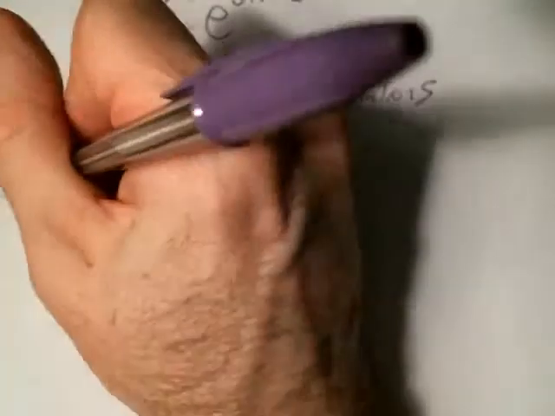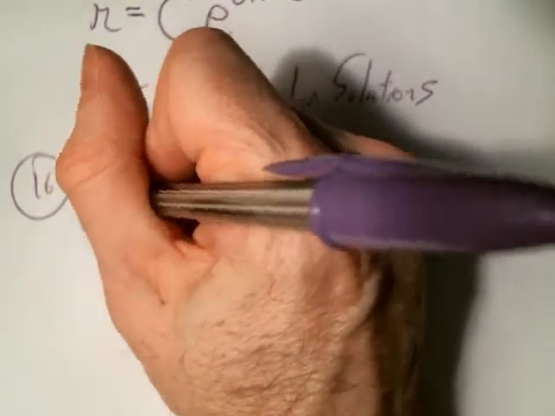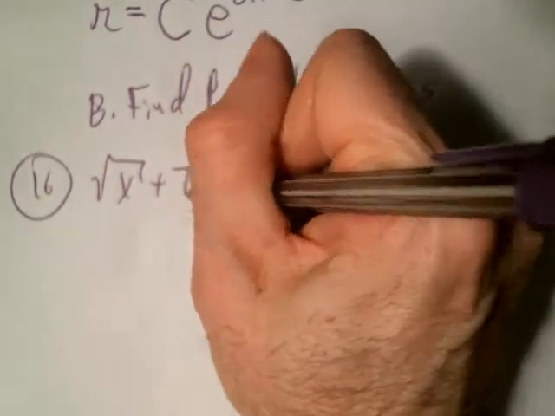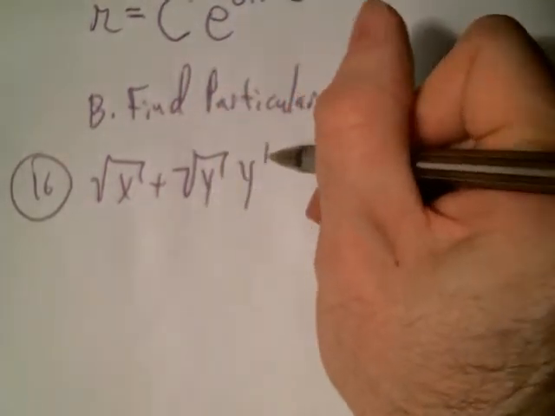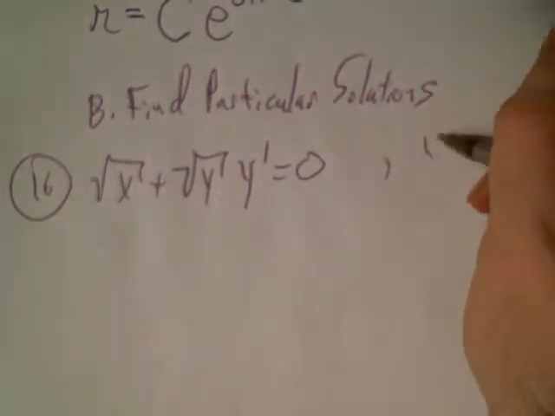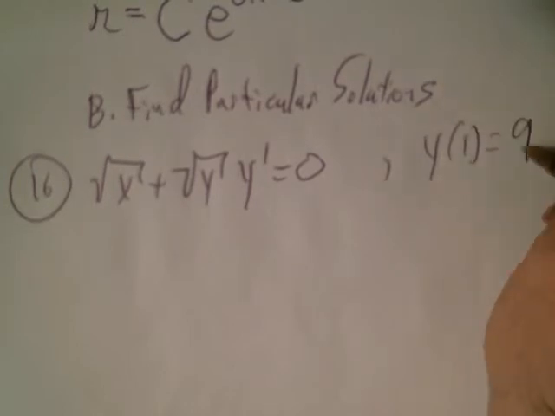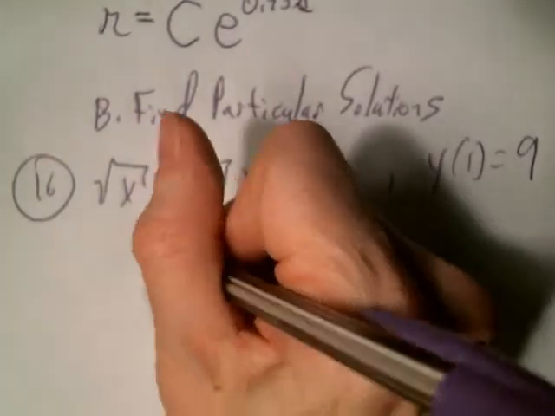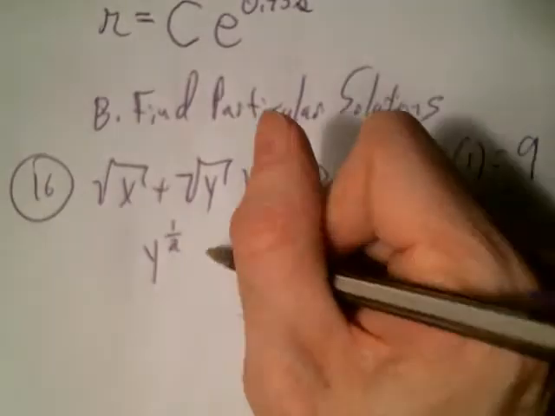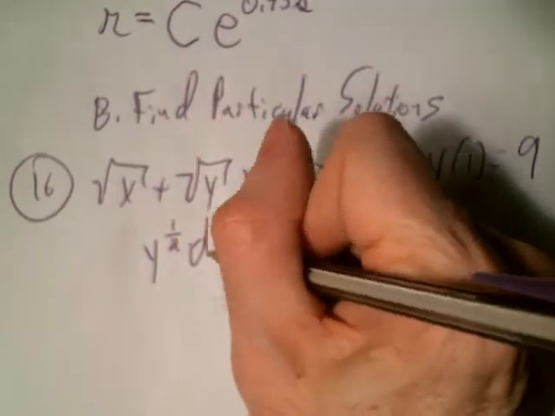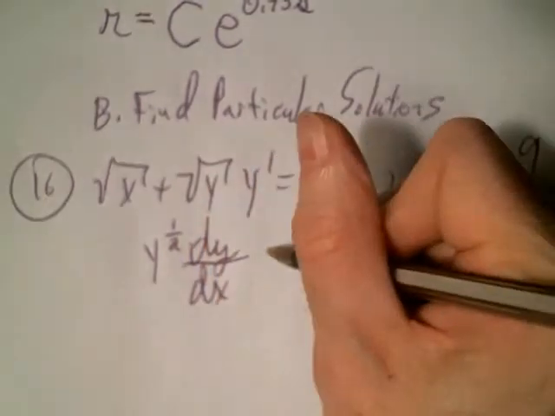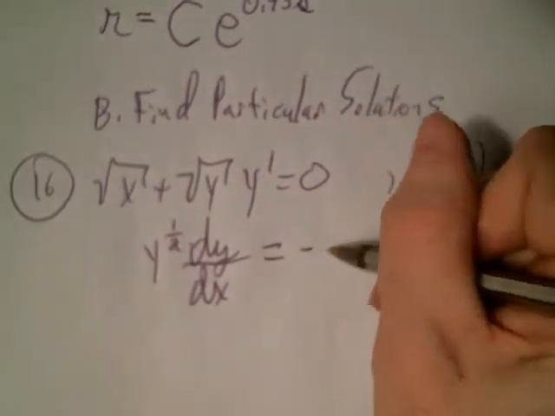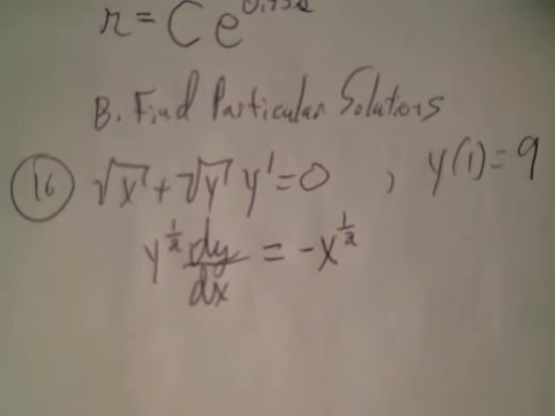Let's take a look. So number 16, I have the square root of x plus the square root of y times y prime equals 0, and y of 1 equals 9. Okay, so separate. Let's write y to the 1/2 instead of root y. That would be dy over dx equals negative x to the 1/2.